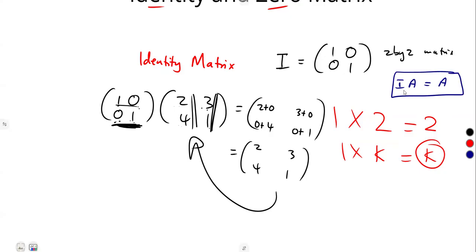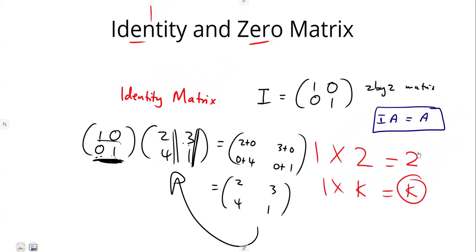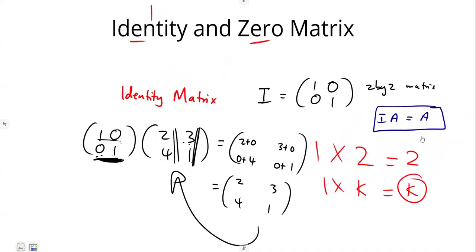And for any other matrix multiplication, as long as the order allows you to multiply, whatever you're multiplying by an identity matrix is going to give us that matrix as it is.